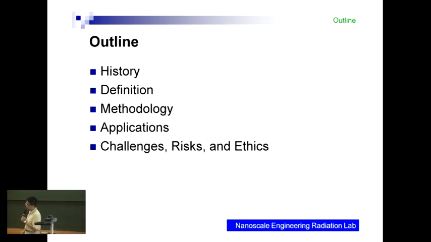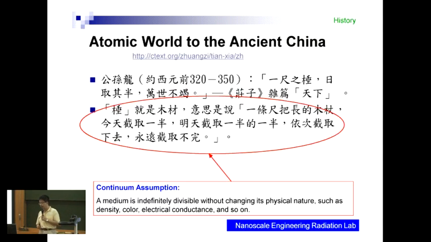So first, I will start with the outline today. We'll cover the 5 categories I just mentioned, and I will start from the history. I will divide the history into China and other countries, because we have a long history.